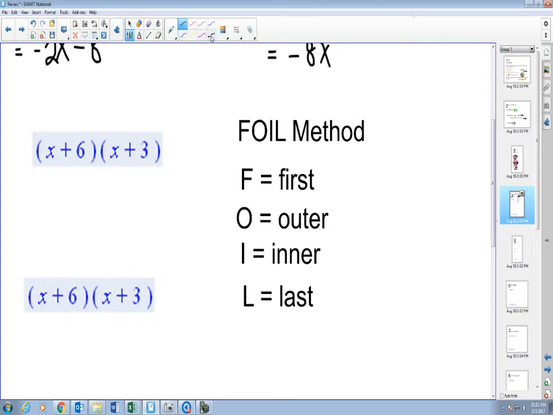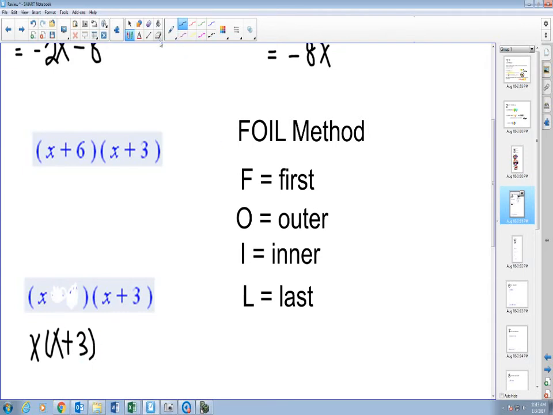So what I mean by that is like this. Imagine looking at this problem, the x plus 6. Imagine the plus 6 is not there. If you only see this, naturally, you will say x does a distribution onto the x and the positive 3. So you will say x will times the x plus 3.